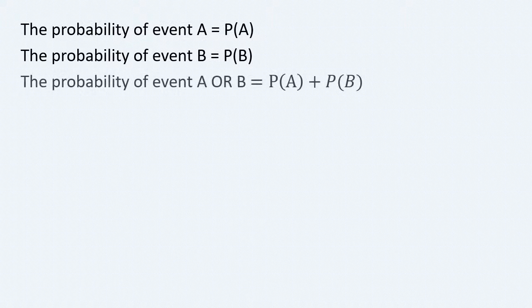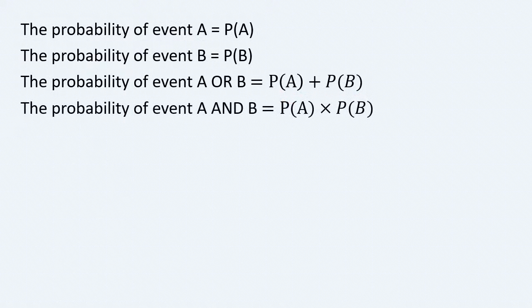So the probability of event A or event B is equal to the probability of A plus the probability of B. While the probability of event A and event B is making things a little bit harder because we are having more requirements. A and B is the probability of A multiplied by the probability of B.